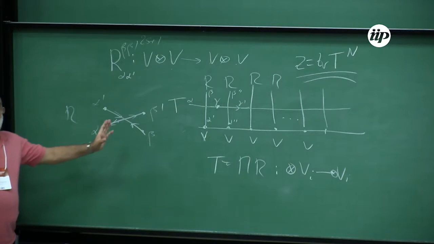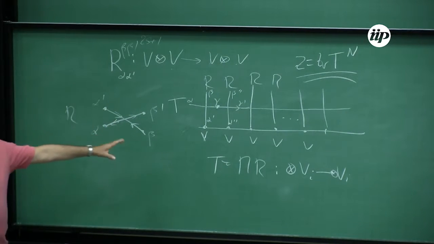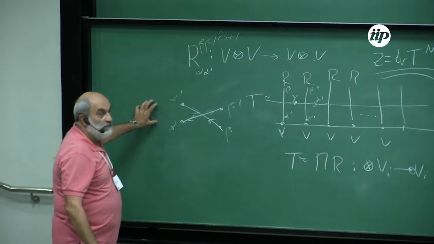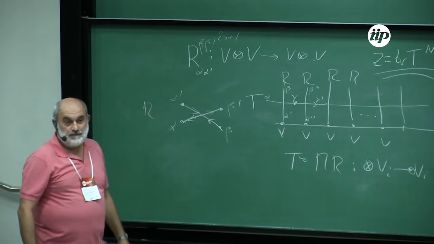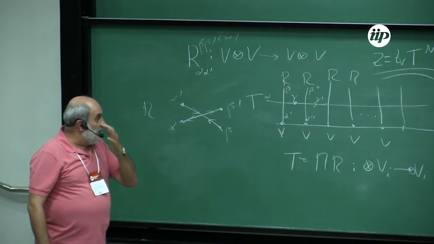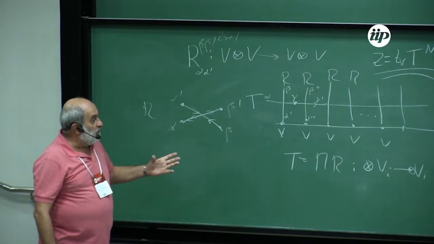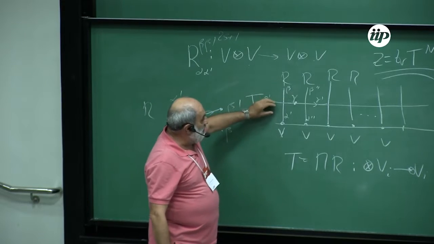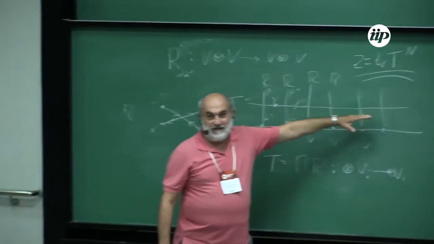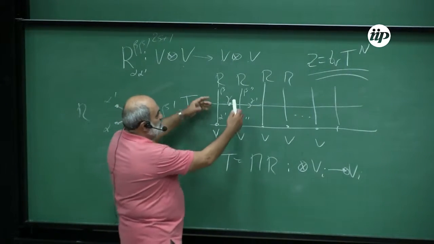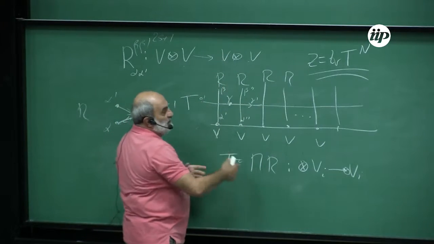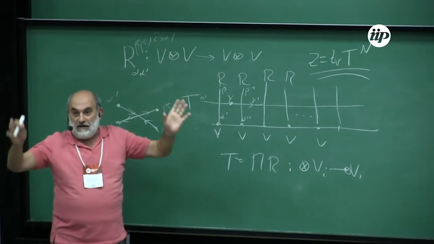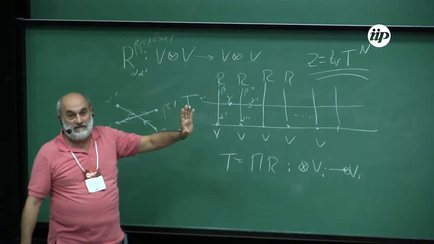In this way, all integrable models can be formulated, starting from R. So now, what will happen, the question, if you imagine now the n-th order of T, you will get a regular lattice, you see? You will get a regular square lattice.